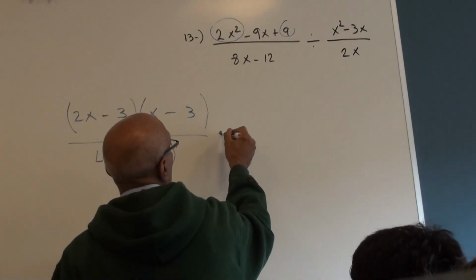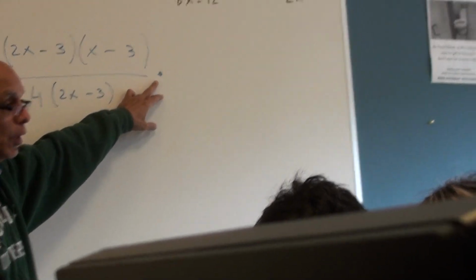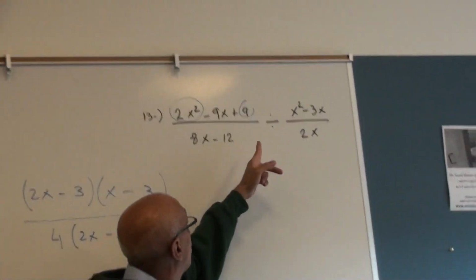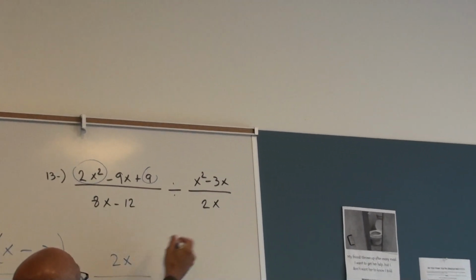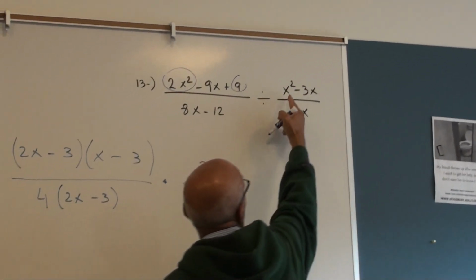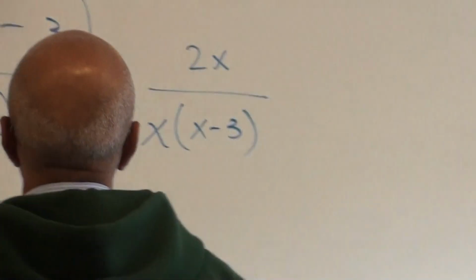Now here, I need to convert this, remember, division between fractions. I need to convert this into multiplication, and I flip this guy, so I'm going to do 2x on the numerator now, and I can factor x out, x minus 3.